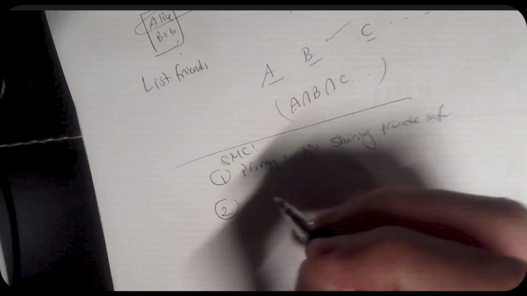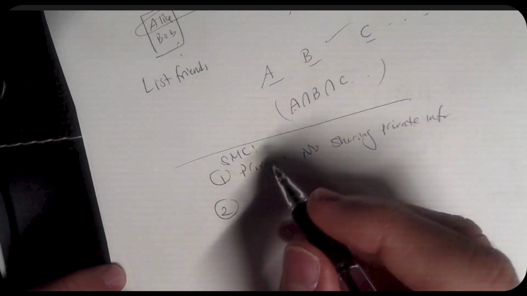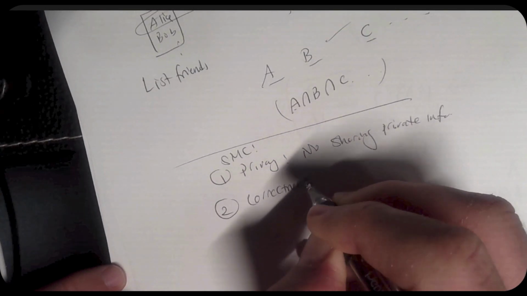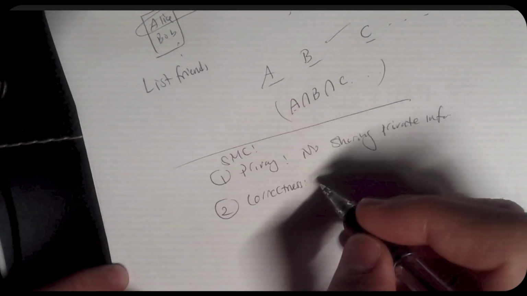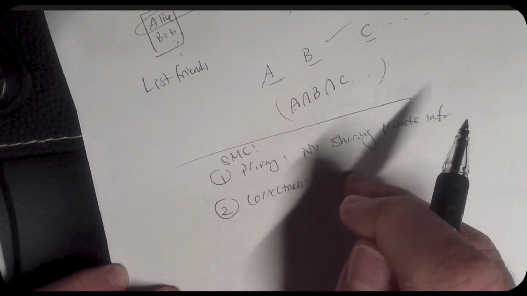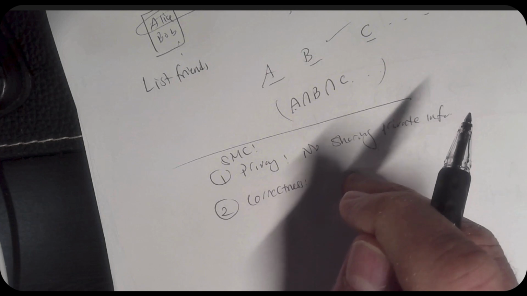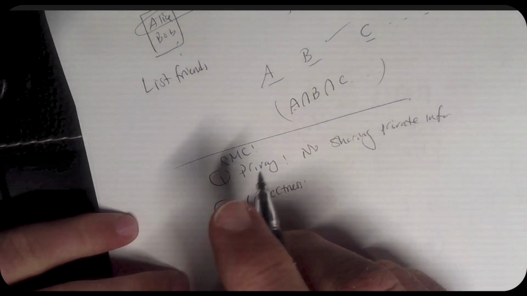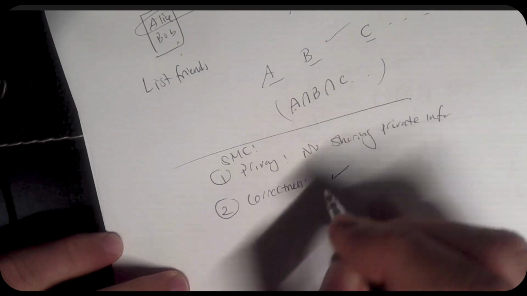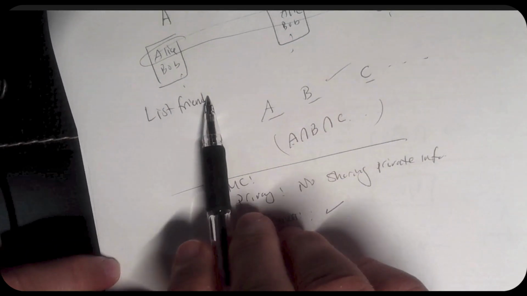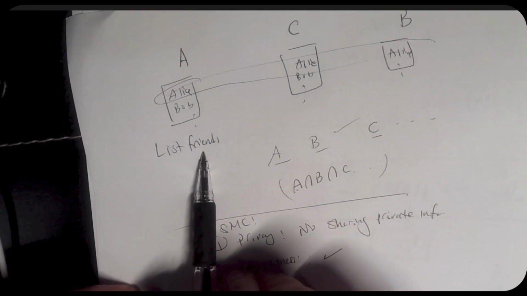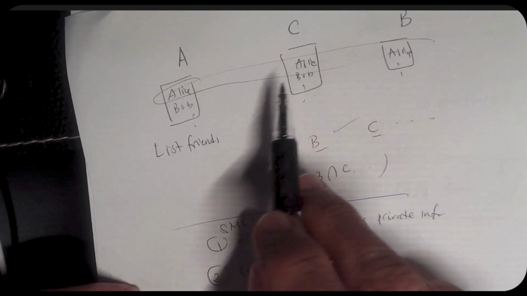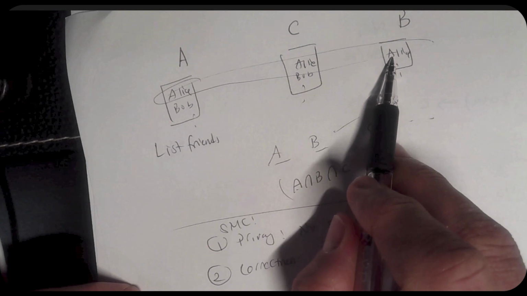The second requirement is correctness. The result should be the same as if we collected the data together and performed the computation. You can relate this back to the list of friends here. The result should give us the list of common friends among all the participating entities.